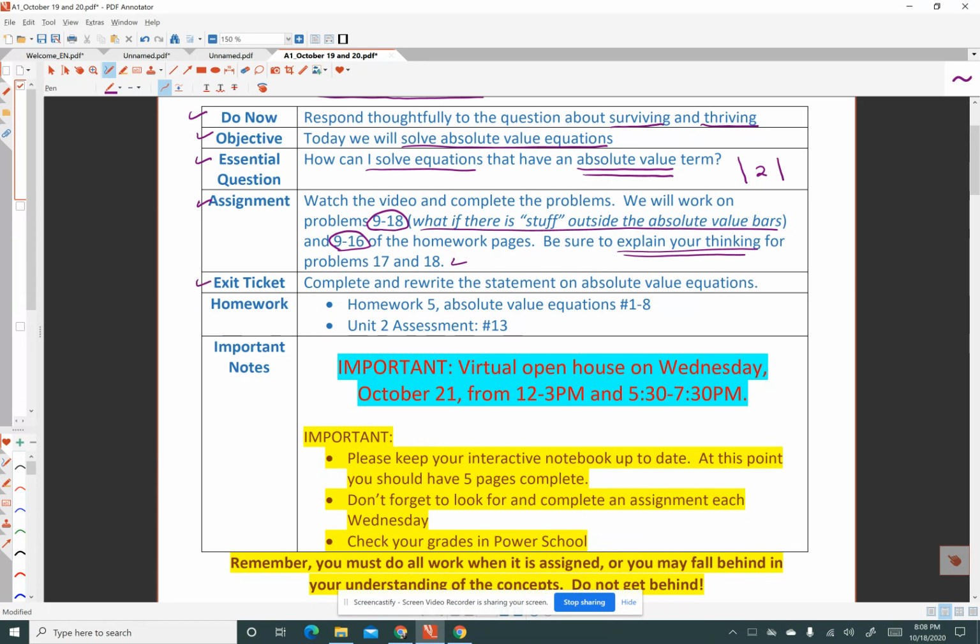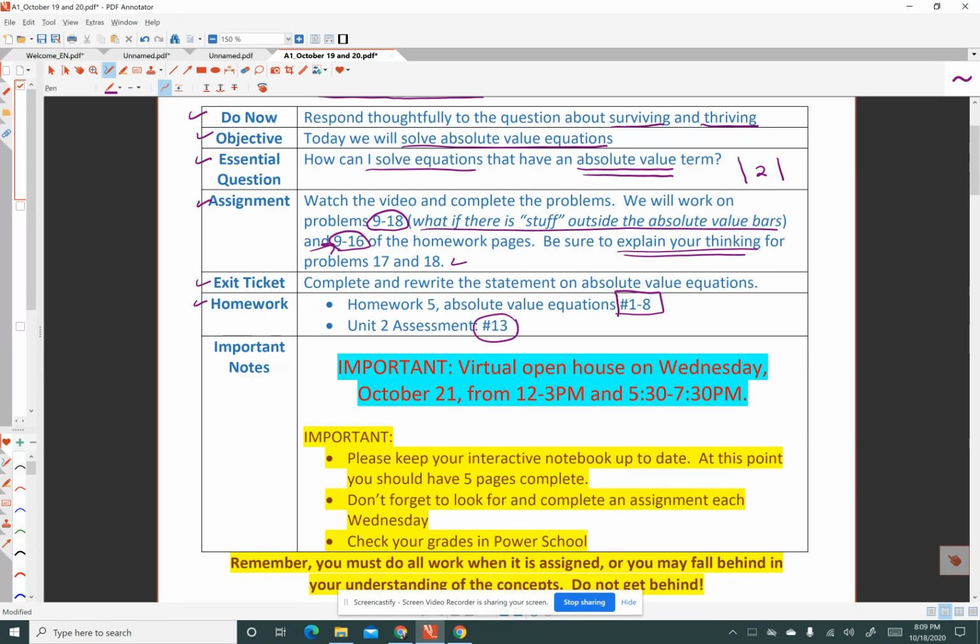Our exit ticket, we're going to complete a statement and rewrite the statement on absolute value equations. For homework, we're going to do number 1 to 8 of homework 5. We hopefully will get to 9 through 16 during this lesson. And on our Unit 2 assessment, I want you to complete number 13.